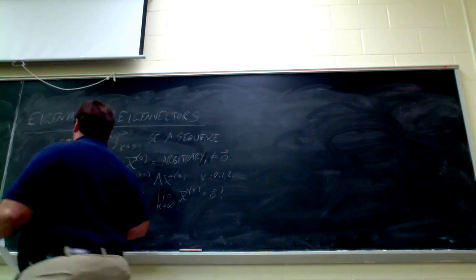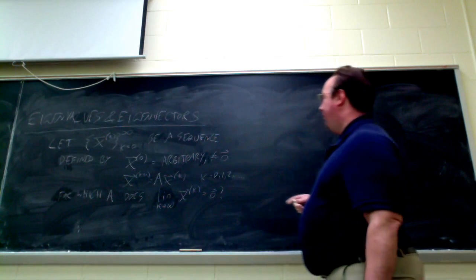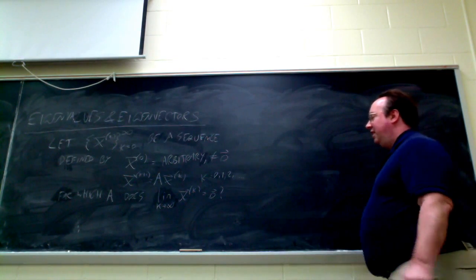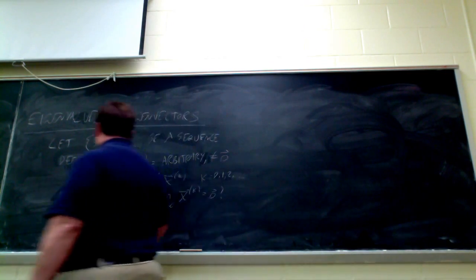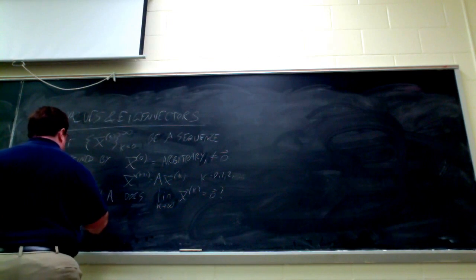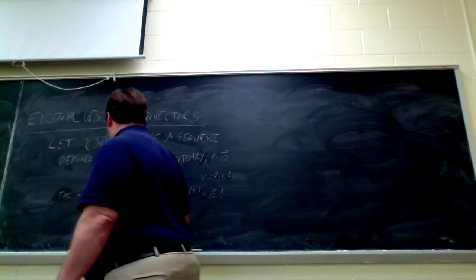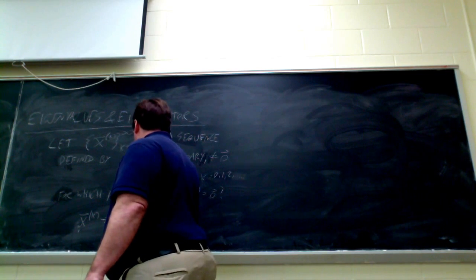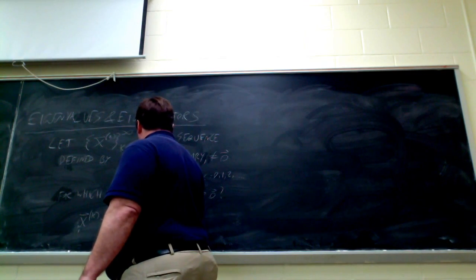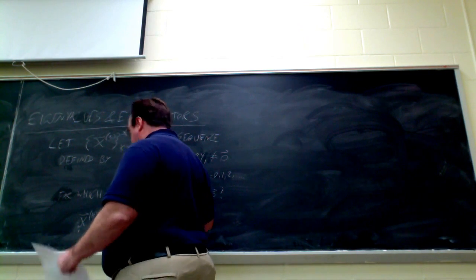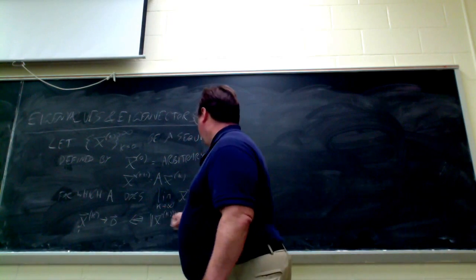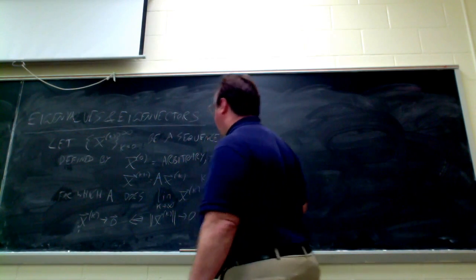Now, using our previous discussion about norms, we can try to get an answer to this question. The vector itself, xk, converges to the 0 vector if and only if any norm of xk converges to the number 0.